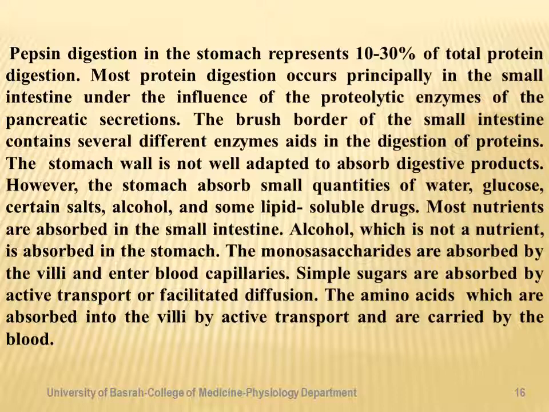The stomach wall is not adapted for absorption, but some simple absorption can occur, for example water, some electrolytes, glucose, and some drugs can be absorbed from the stomach wall. Alcohol is also absorbed, completely, by the stomach.